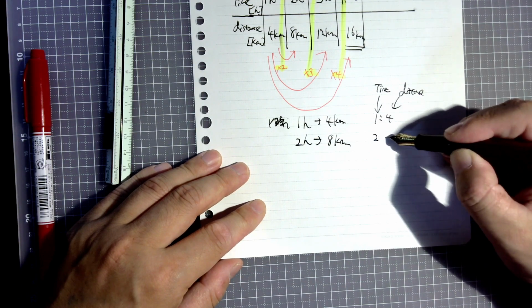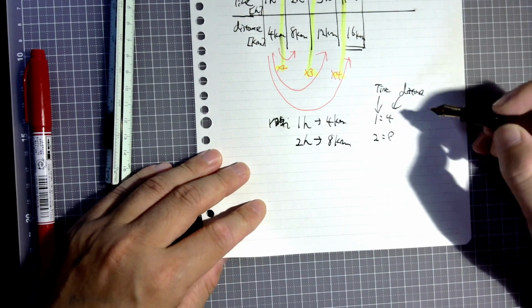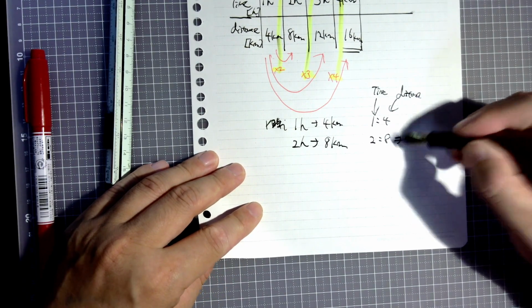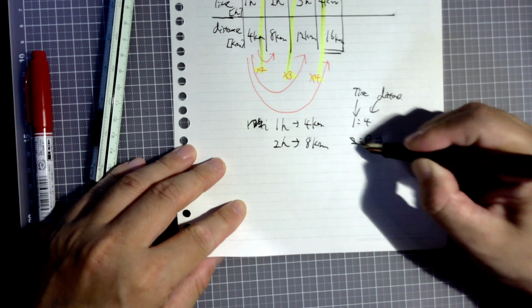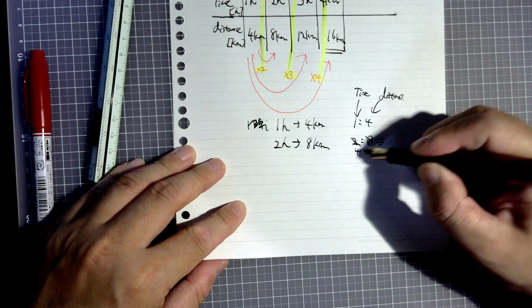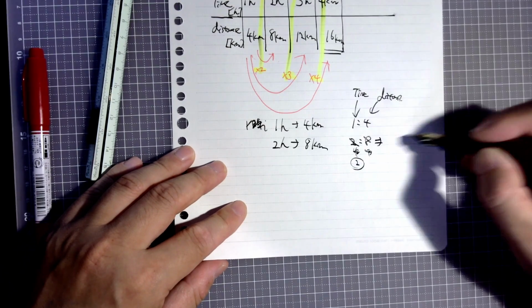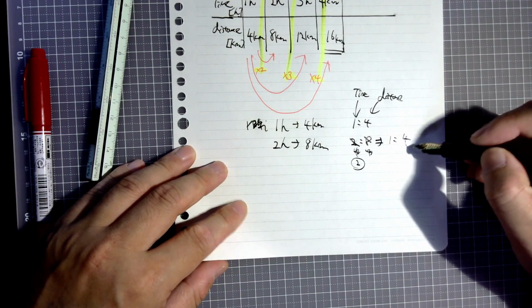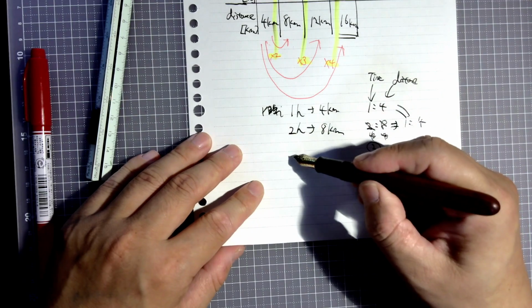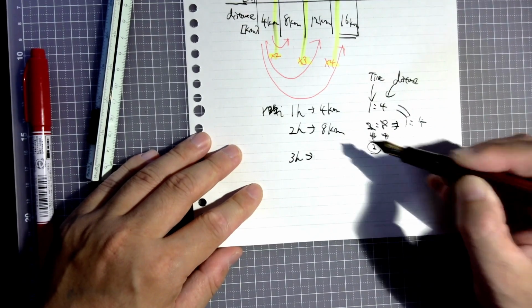It is divided by 2, right? So the ratio becomes 1 to 4, the same. If you walk 3 hours, the distance becomes 12 kilometers, so the ratio is 3 to 12.